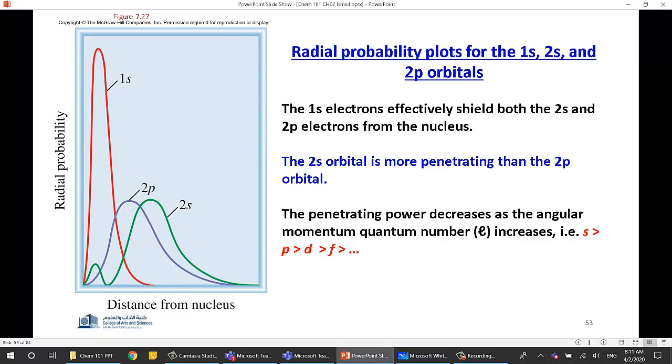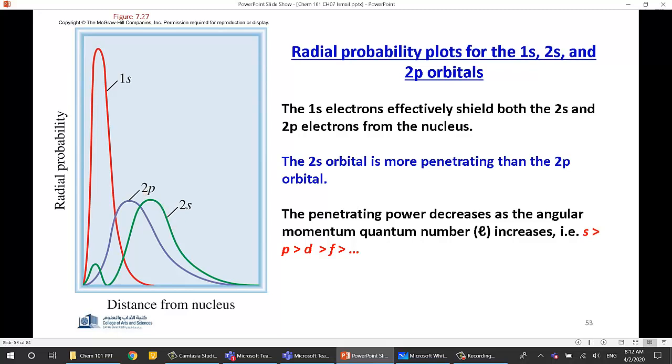If this electron wants to go and sit in these orbitals, it has a probability to be in the 1s, or the 2p and the 2s. And clearly, the probability of 1s is very high, so it goes and sits down in the 1s. Now, the second electron can also go to the 1s because the 1s holds both. But for the third electron, the 1s is occupied. So this third electron can go to the 2s or the 2p.